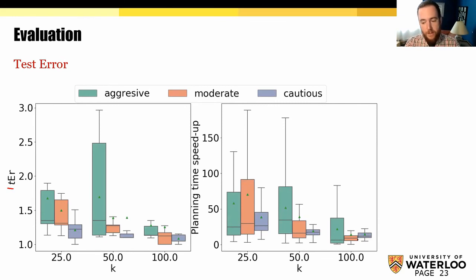And even when k is 100, so again, even when using 100 as a branching factor, we see a speed up of around 25 times and a t-error of around 1.2. So again, with about 20% error, we can speed up the planning time by around 25 times.